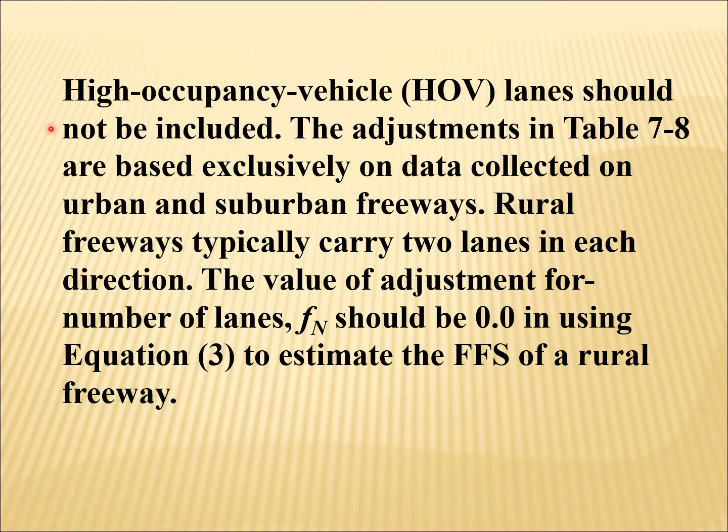The adjustments in Table 7-8 are based exclusively on data collected on urban and suburban freeways. Rural freeways typically carry 2 lanes in each direction. The value of adjustment for number of lanes, F sub n, should be 0 in using Equation 3 to estimate FFS of a rural freeway.